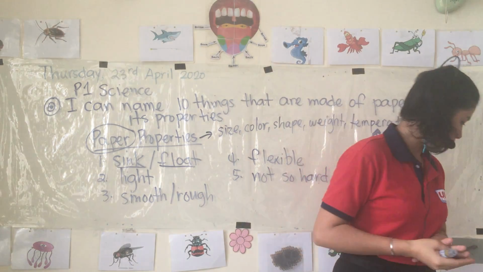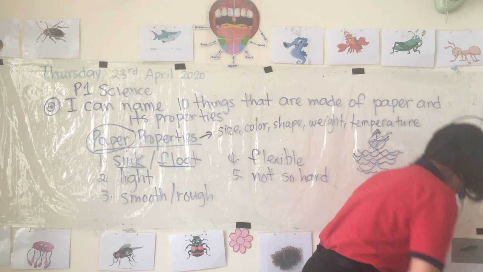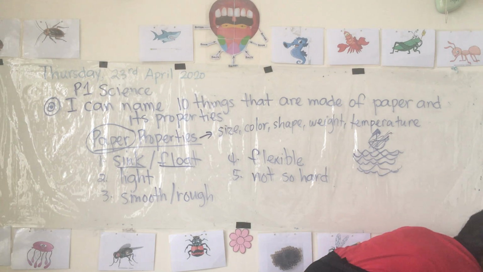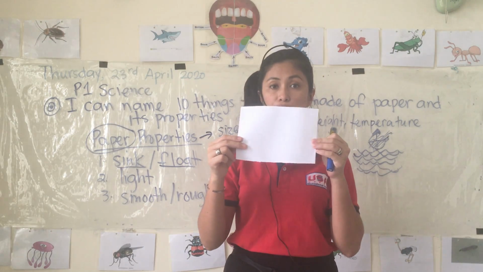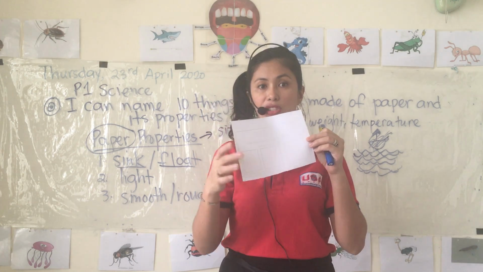okay, I'm gonna show you what wet is. I know you knew this, but I just want to show you. So this paper is dry. The opposite of wet is dry.